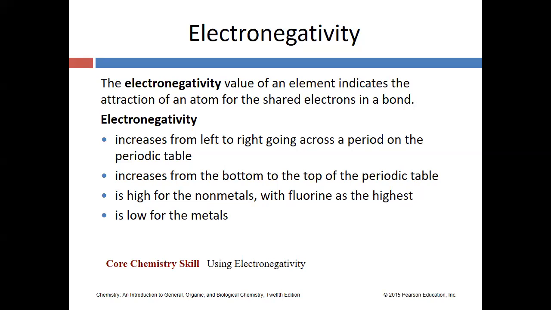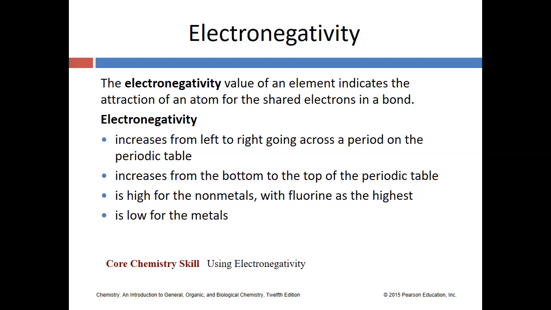Now, as far as periodic trend is concerned, electronegativity does follow a general trend. And that general trend should make some sense if we think about it. Generally speaking, as we go across the periodic table from left to right, we're going to find that electronegativity increases.